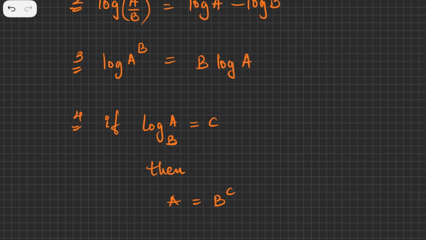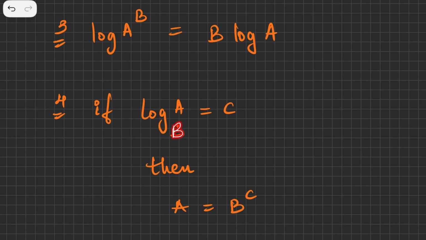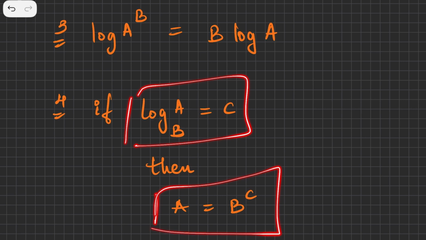And if I have mentioned a base, then the base can go to the right hand side, take everything on the right hand side to the power, and a will remain alone. This is the way we remove a log from a particular equation.